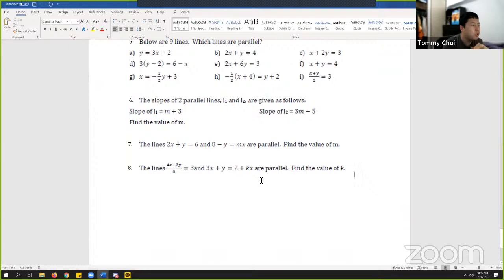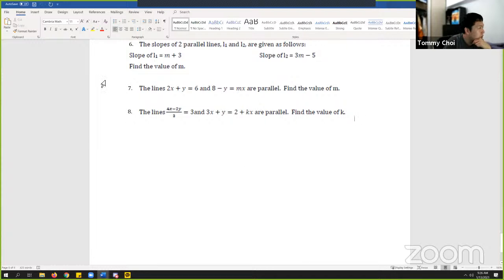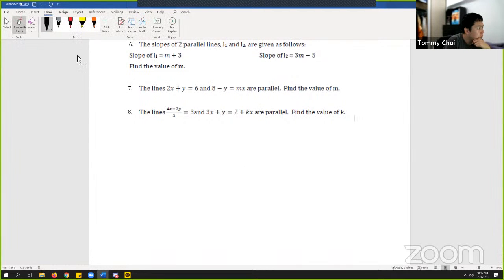You're given the slopes of 2 parallel lines, and it asks you to find the value of m. So for question 6 here, once again, you're given these 2 slopes. It uses m, which is a little confusing. We could change it to x. It doesn't really change anything here. So I can change this to x if I want instead of using m, if that helps clarify things, right?